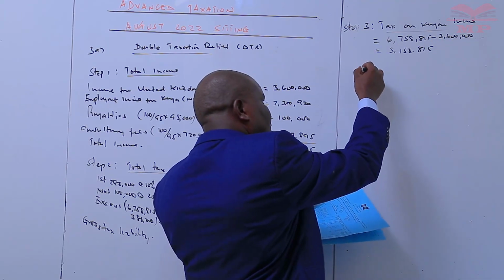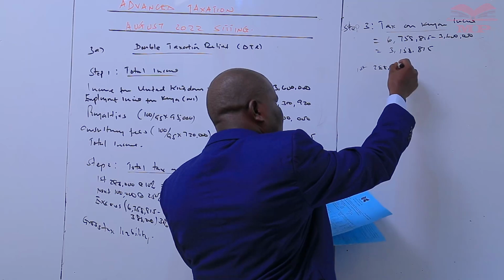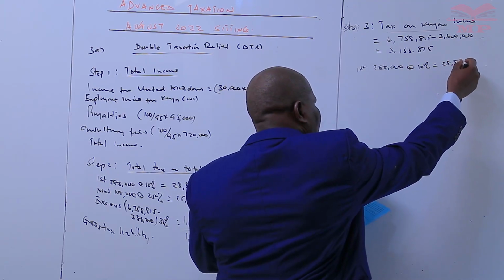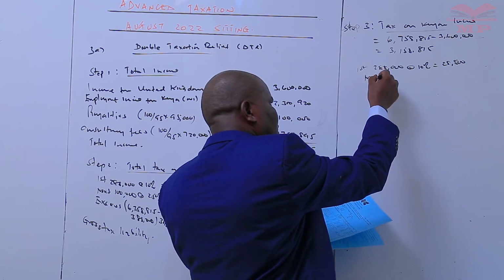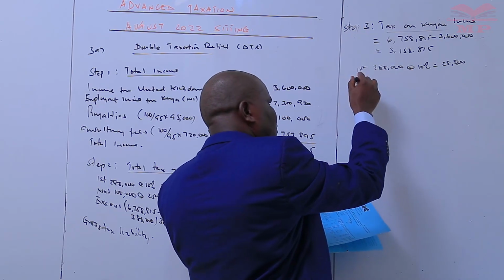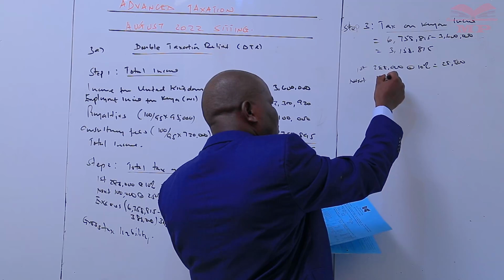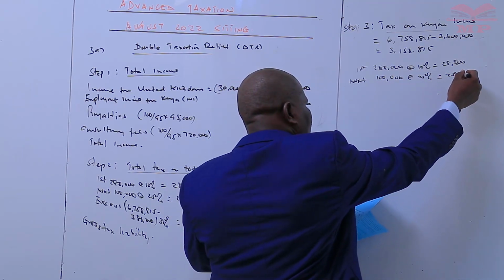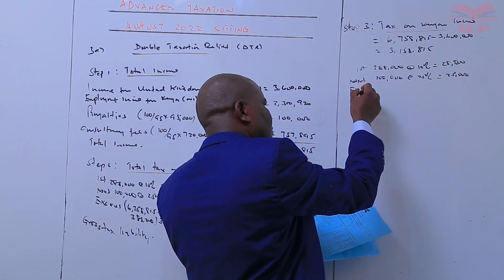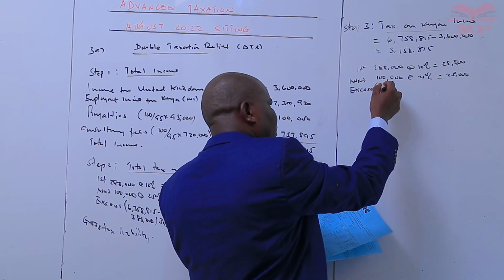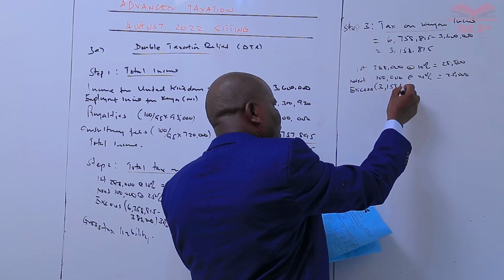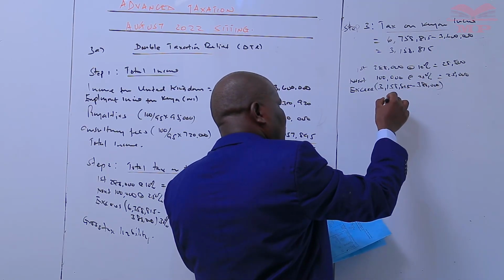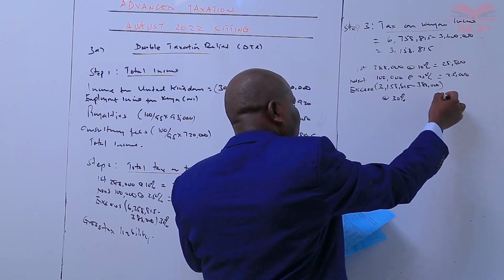So we say first 288,000 at 10% should be 28,800. Next 100,000 at 25% should be 25,000. Then excess should be 3,158,815 minus 388,000 at 30%.